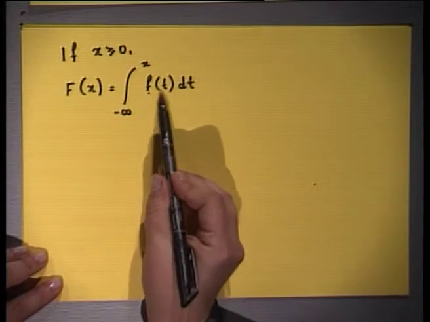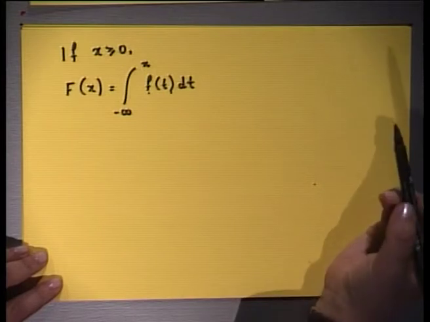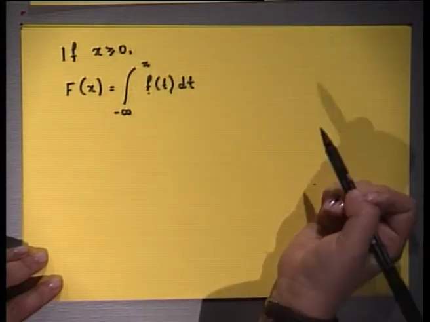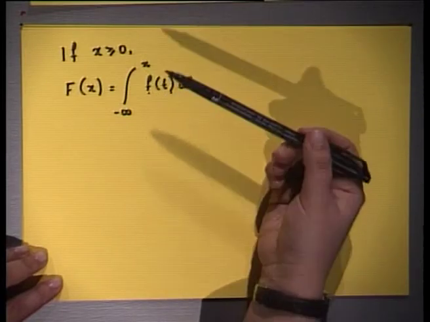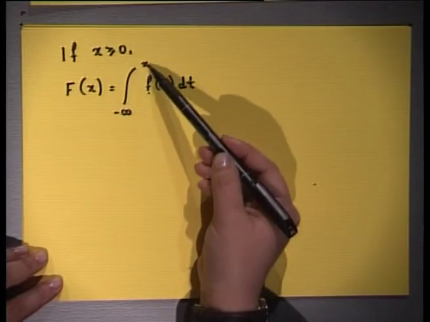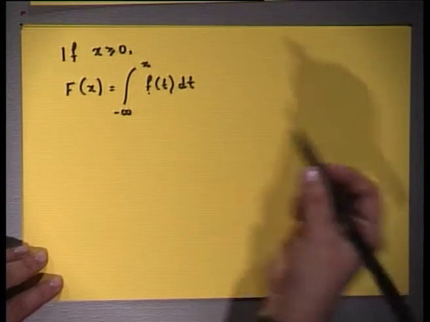Here f of t, as x is greater or equal to 0, will be different depending on whether we are at negative numbers or at positive numbers.